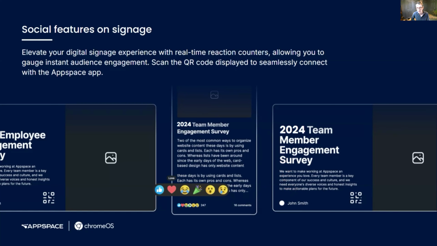So if I'm walking past the sign, I see that it's got all this activity, I see the comments flowing in, I'm going to be much more likely to actually go look at that content, right? Maybe go beyond the headline on the sign and read the full article. And similarly, maybe auto-generate that QR code on the signage so I don't have to look it up. I can just whip out my phone, scan the QR code, and it's going to take me right to that exciting content, so I could also join the conversation. So again, it's taking what might have traditionally been passive, static signage and building that culture, building that engagement beyond just getting that top-down messaging out.